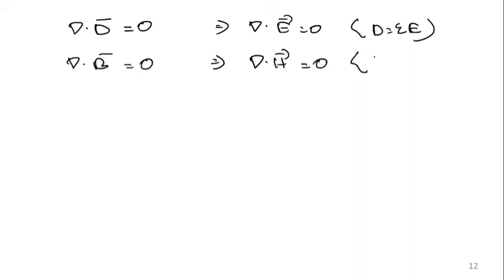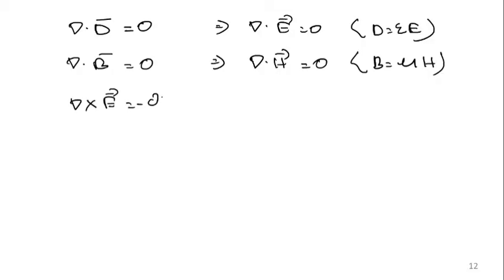Why? Because D is equal to epsilon E. This fourth module is all about a lot of derivation. You study the derivations, and then the numerical problems they ask are direct substitution. Most of them are direct substitution, so be very attentive in solving the derivations.